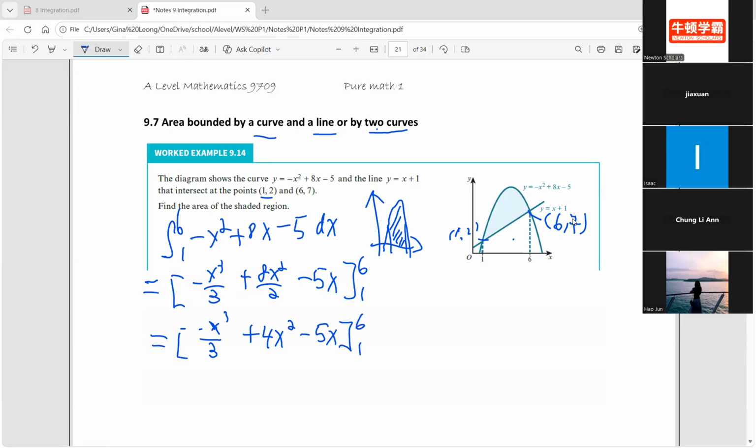So now I press the calculator first: minus x cubed over 3 plus 4x squared minus 5x. Then I calculate at 6 and I get 42, minus calculate at 1, I get negative 4 over 3.